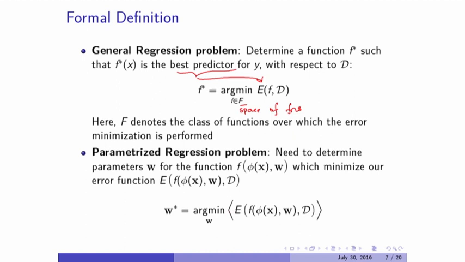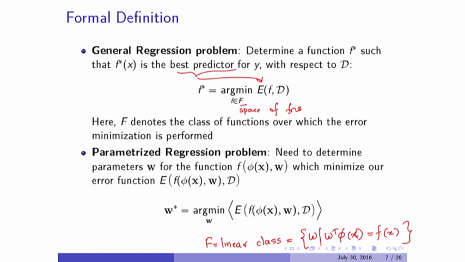One can get more specific and choose a particular class f which invokes parameters w. So for example, f, if it's chosen as a linear class or class of linear functions, will basically be all the w's such that w transpose phi(x) is f(x), or rather w transpose phi(x) is what should be matched with the dependent observation y.